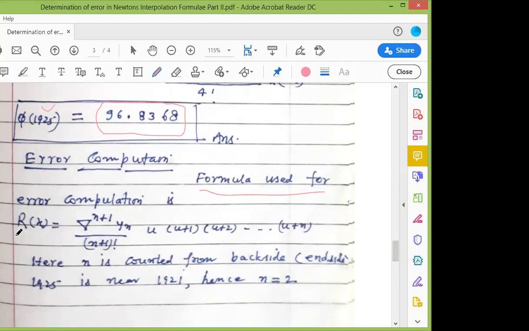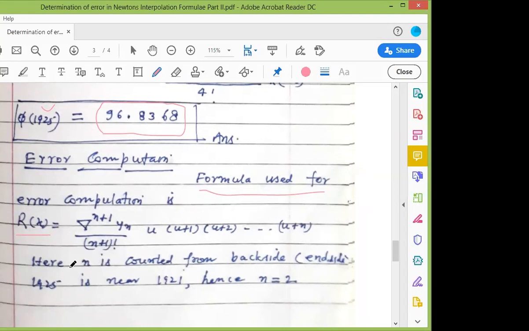Rx is equal to delta n plus 1th backward delta yn. You can put this here so that you can commit it to memory. You can memorize it in a similar way as in the forward one. So the structure is this.